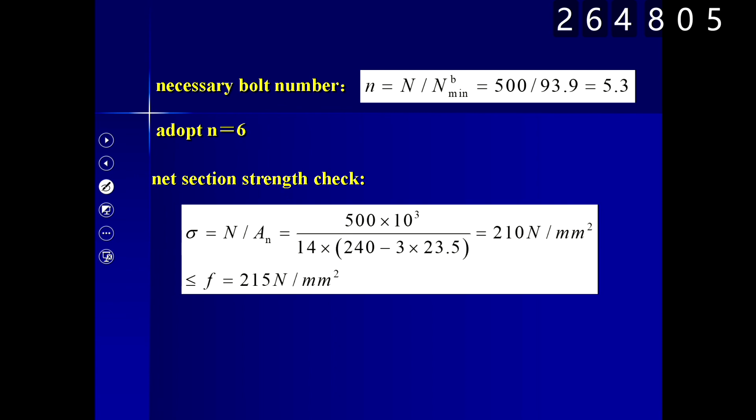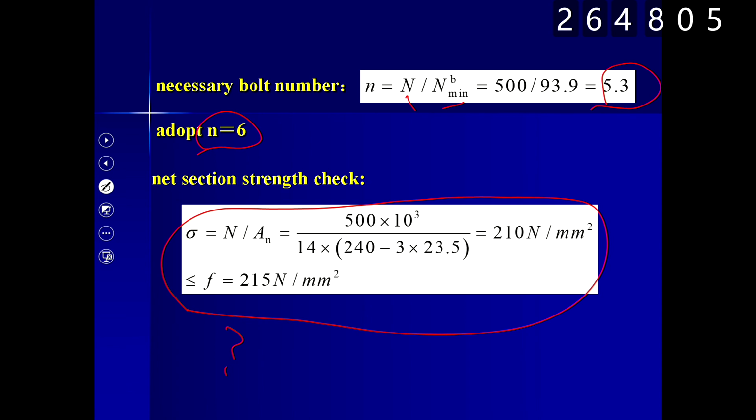Okay, I see some students have a question about this one. Until here, you all know, right? We have the total force, we have the minimum force. The minimum number of the bolts should be 5.3, right? We can choose 6, which is reasonable.